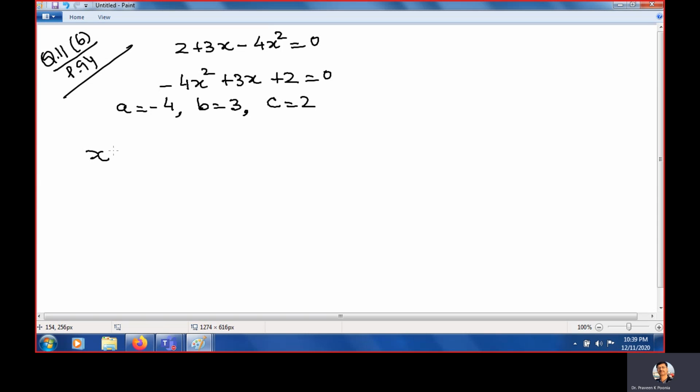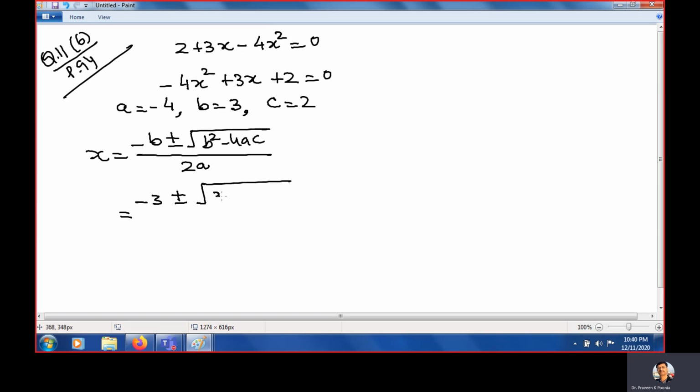So put the values, x is equal to minus b plus minus square root of b square minus 4ac upon 2a. Minus b value is 3, minus 3 plus minus square root of b square, 3 power 2, minus 4 into a is minus 4 into c is 2, upon 2 into minus 4.